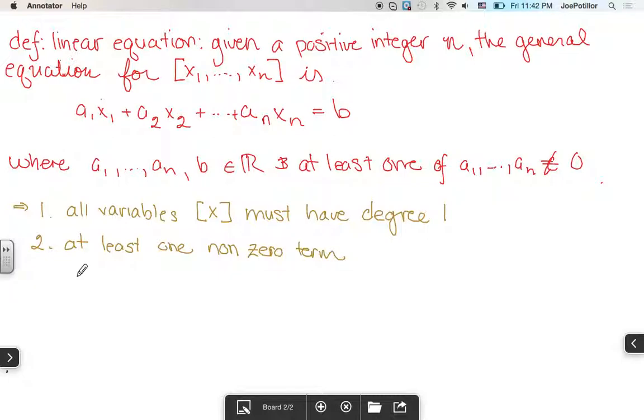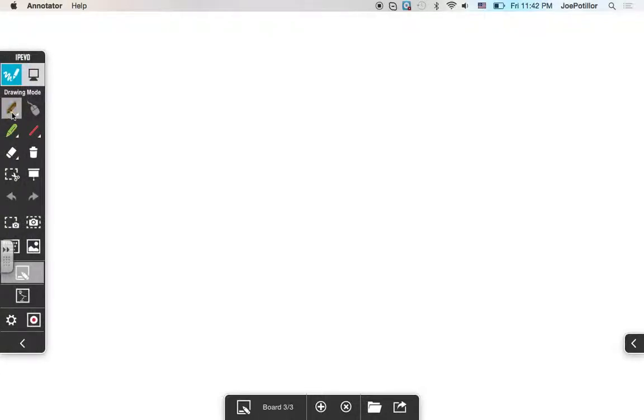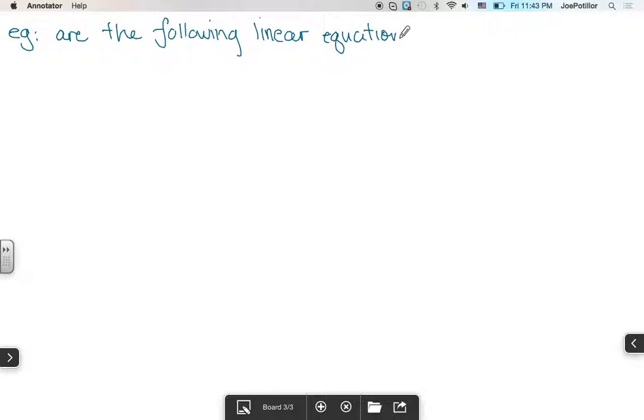So we of course can use linear equations for all kinds of things. My first example will be how do we distinguish a linear equation, and then we'll apply it. So we ask, are the following linear equations?